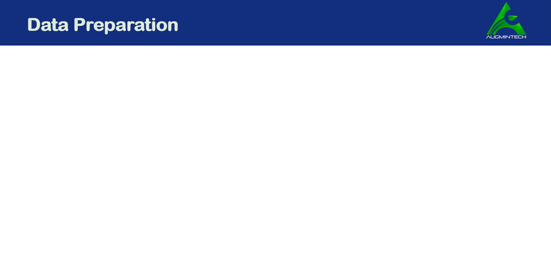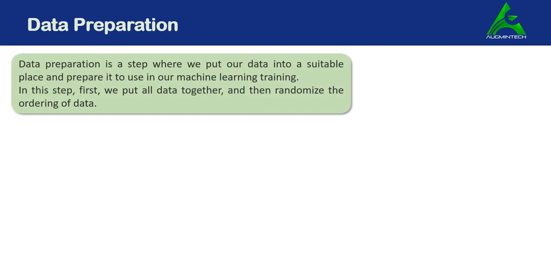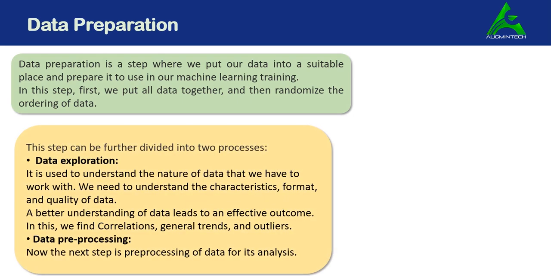that is data preparation. Data preparation is a step where we put our data into a suitable place and prepare it to use in our machine learning training. In this step, first we put all the data together and then randomize the ordering of the data. This step can be further divided into two processes. That is data exploration.